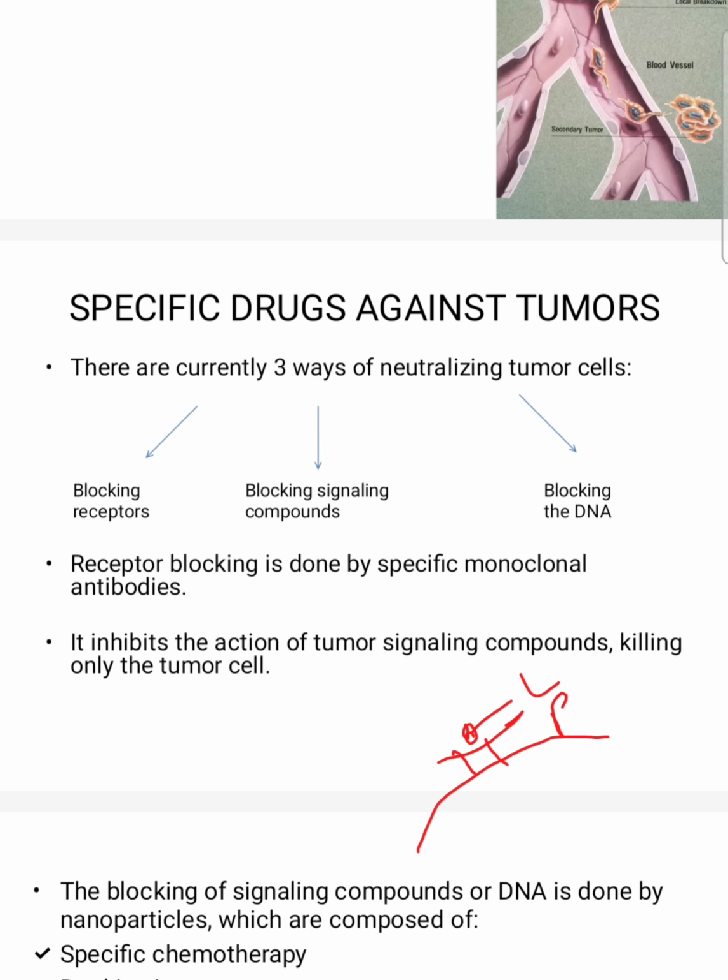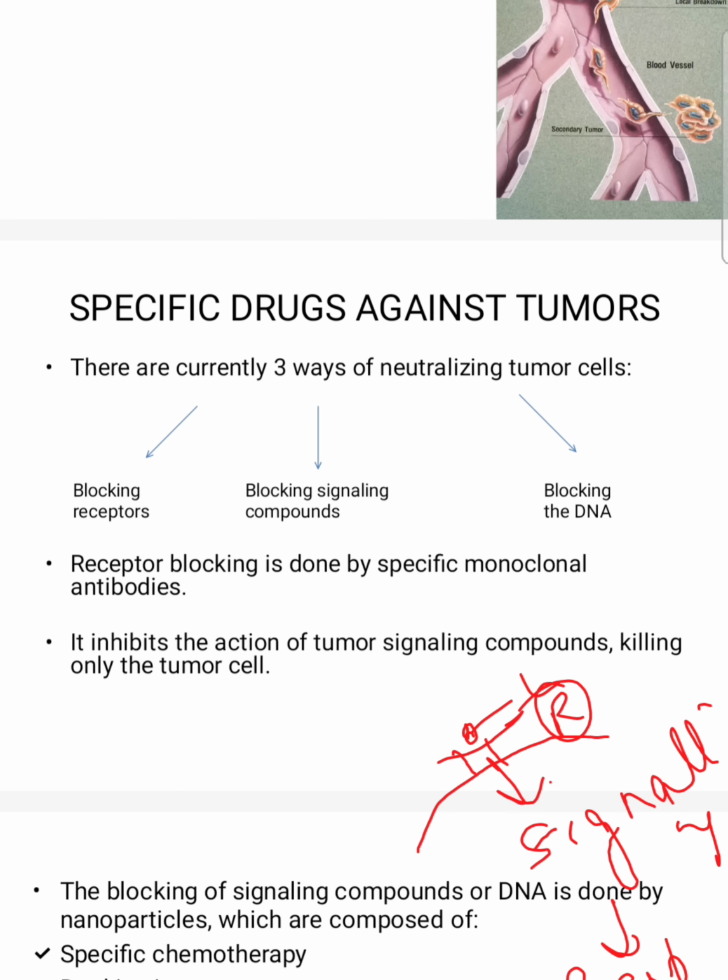So this is the ligand, this is the receptor. After receptor-ligand binding, the signal goes inside, and the second step is transduction of signaling compounds. That means the signal goes from X to Y, Y to Z, and so on. And finally, the response happens.